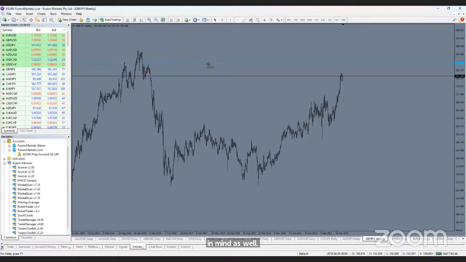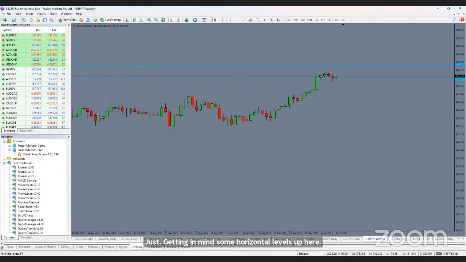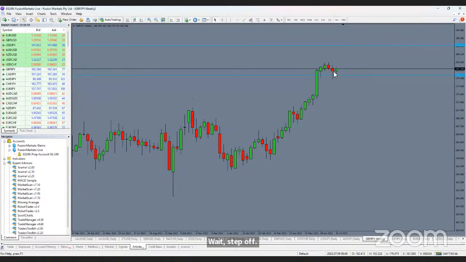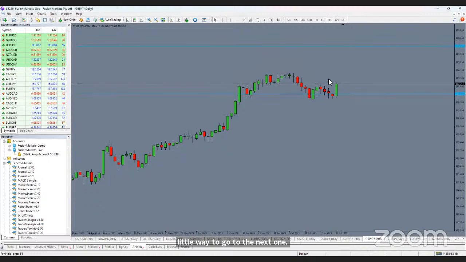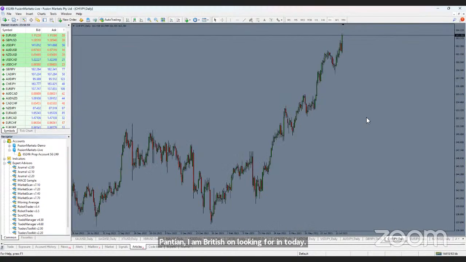Just bearing in mind some horizontal levels up here. We're just above this horizontal level here, and there's a little way to go to the next one. So pound yen I am bullish on, looking for intraday longs on pound yen.